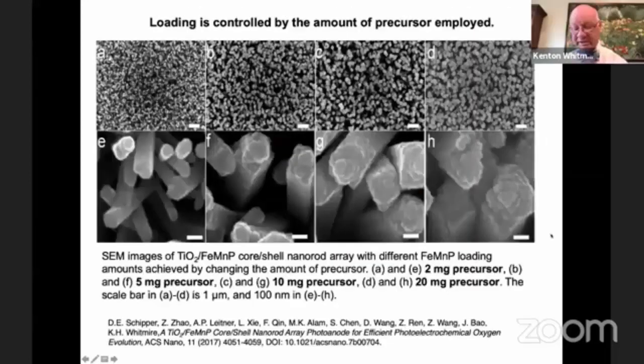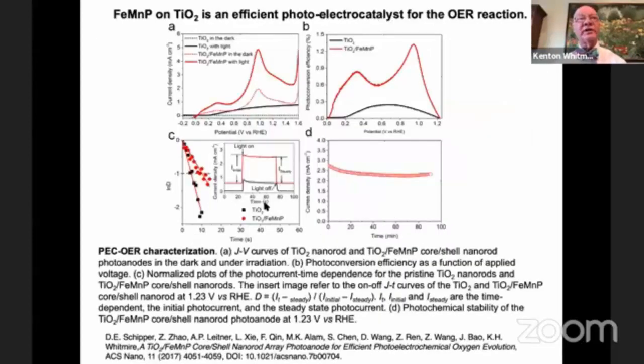The cool thing about using titanium dioxide here, and we're just going to focus on one aspect of this for the OER reaction, is that, of course, you know titanium dioxide is a semiconductor, and you can use it to photosensitize these materials.